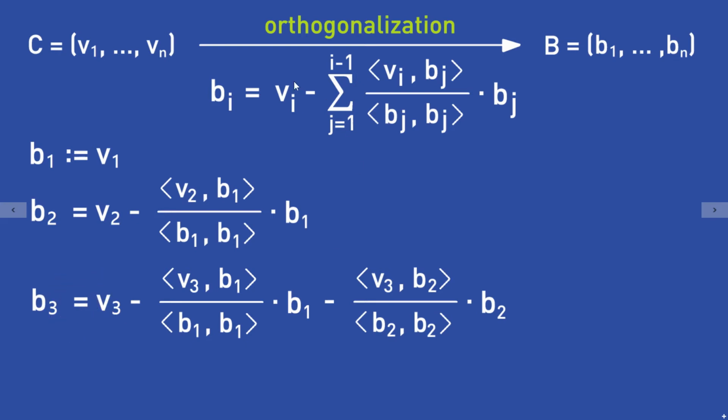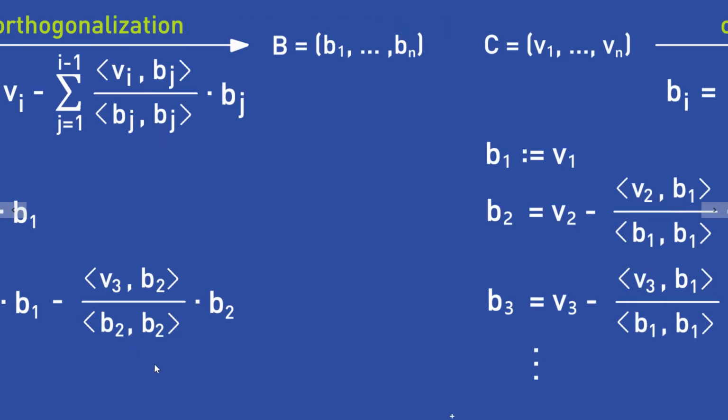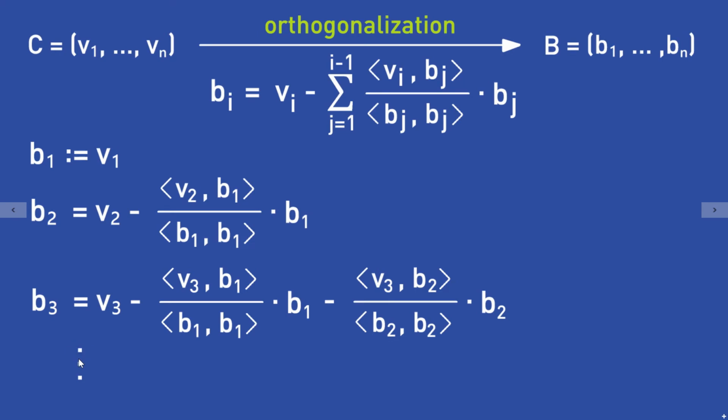Here we have used the general formula for i equal to 3. And so on. So this is how the general formula is used to calculate the vectors in the orthogonal basis B.